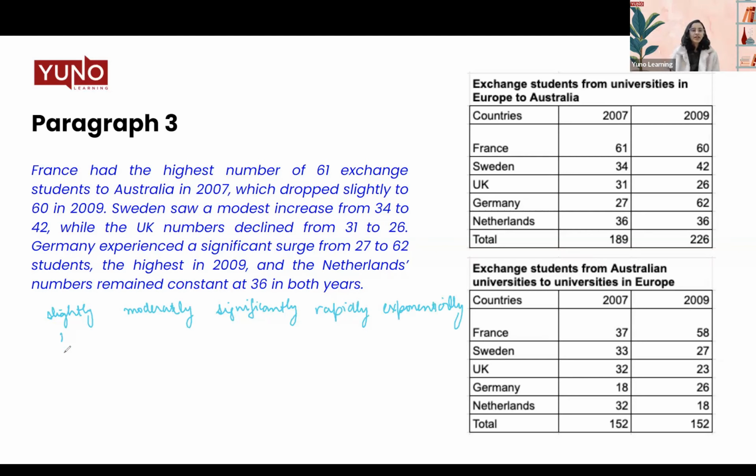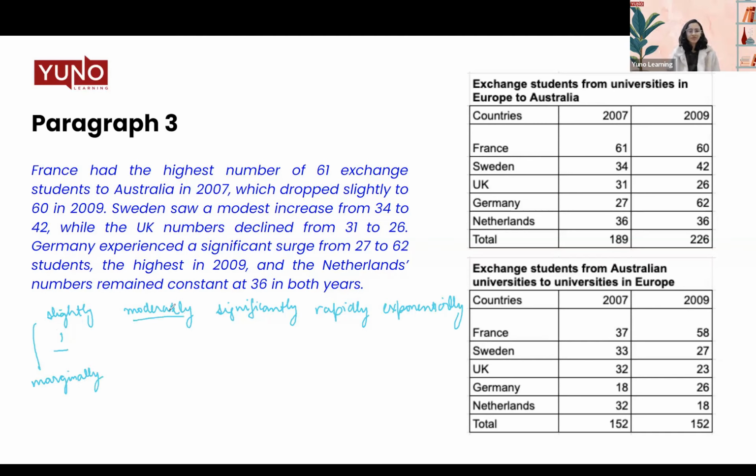Slightly means very little. You can also add one more word here, marginally. There are plenty of words you can find as collocations to go with your nouns and verbs, but this is the order that I'm going to highlight here.